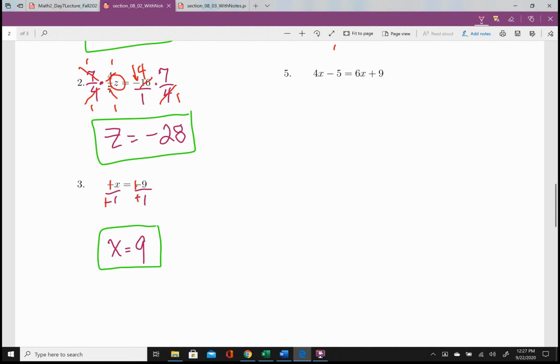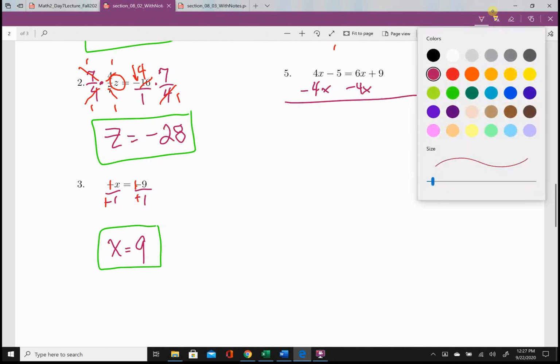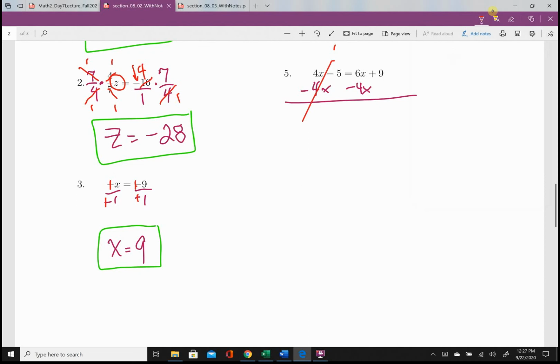Personally, I tend to focus on gathering up all of the variable terms first, and I do so in such a way that will lend itself to a positive outcome. So in that regard, I'm choosing, and this is a stylistic choice here, to subtract 4x from both sides. That will eliminate all of the x's from the left-hand side and gather them all up to the right-hand side.